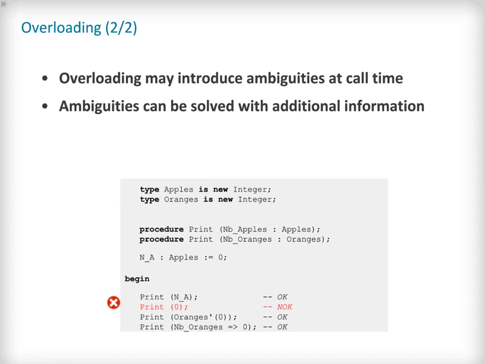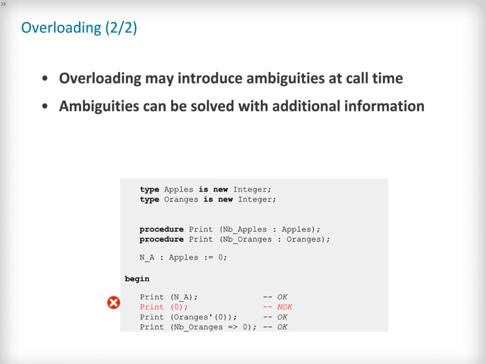However, if I'm calling print with a literal that may refer to an apple or an orange, 0 for example, then the compiler will not be able to discriminate and select the proper print. This is an ambiguous call.